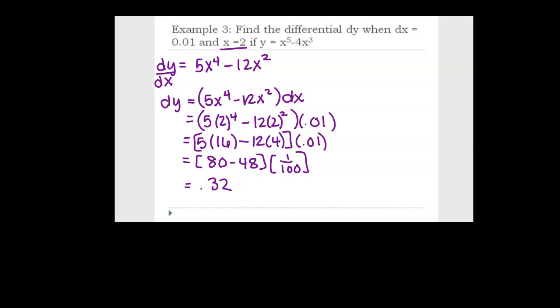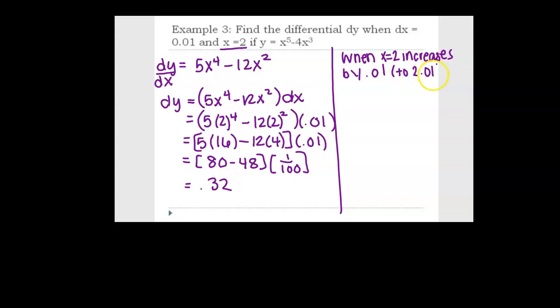Now, what does that mean? What does 0.32 represent? It represents the change in the y values when x increases by 0.01. So when x equals 2 increases by 0.01 or to 2.01.